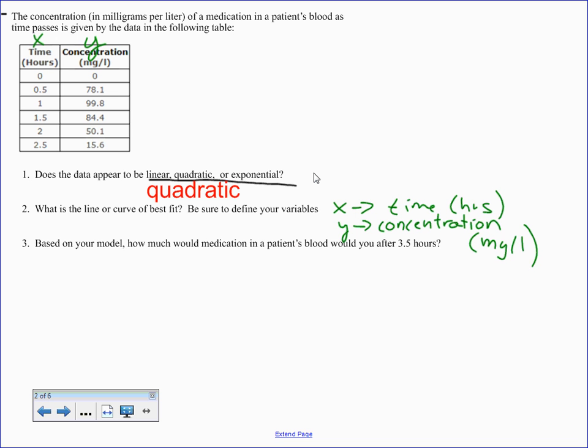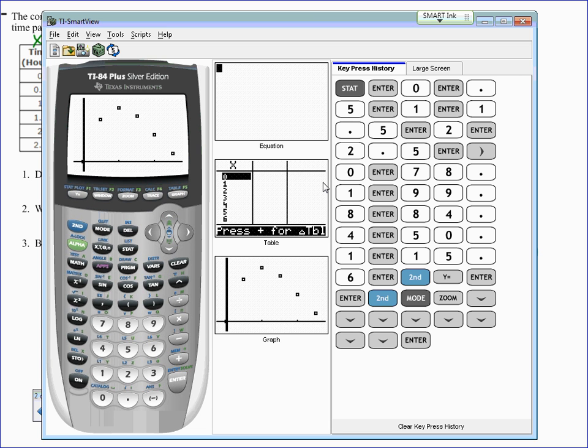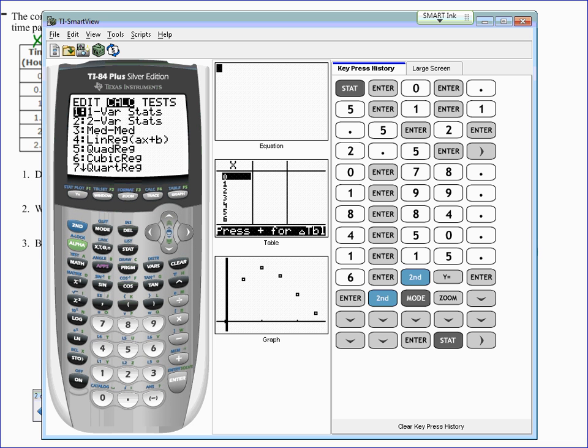But we need to find an equation to relate those two variables. So we will go back to our calculator and we will go to Stat, Calc, and we will find the regression equation.